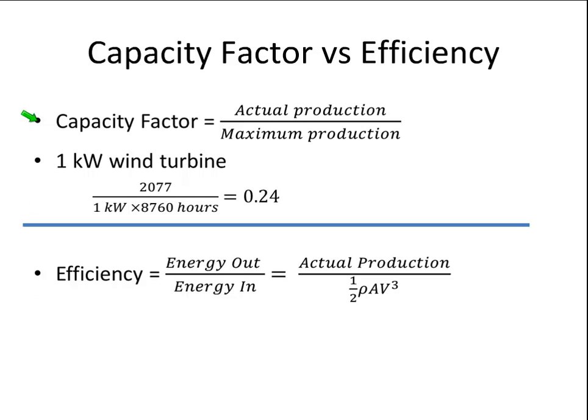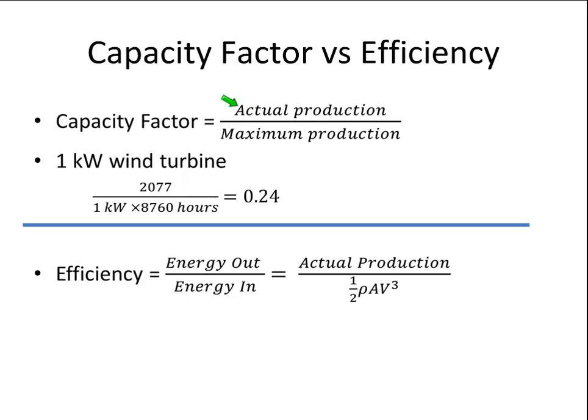One way that I like to describe capacity factor is what percentage of the year is that turbine running at its rated power. So basically it's actual production over the max, if it was running at its rated production all the time, which we know is not possible, but this gives us a number that we can look at.